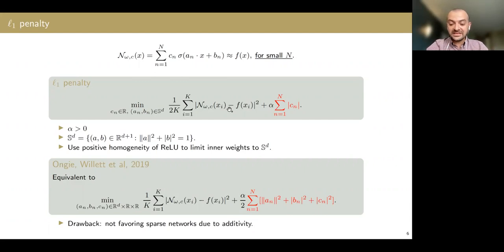The additivity of the L1 norm forces the network to produce many nodes very closely clustered to each other, and potentially reduces the functional, but really increases the number of nodes. So it does the opposite of what we expect. Instead of minimizing the number of nodes, it actually increases them. Okay.